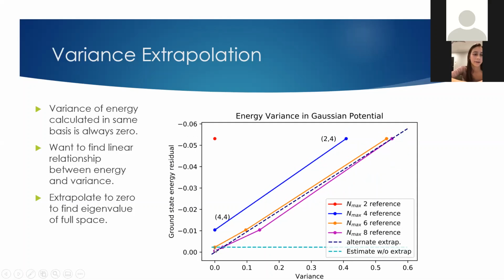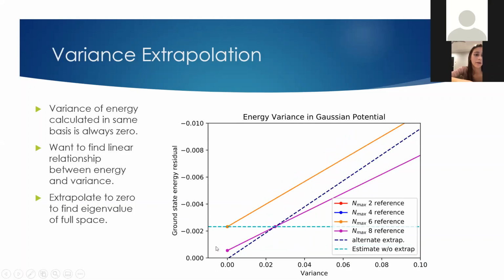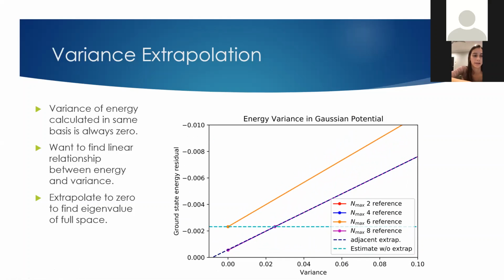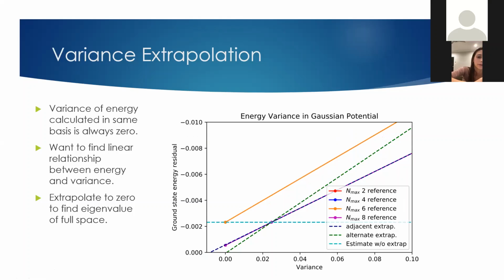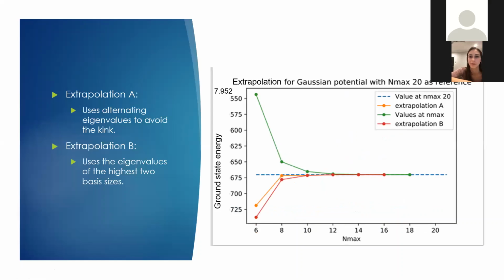It's still a lot better than not extrapolating at all. But as you can see, compared to the adjacent extrapolation, it's not as good, which is the reason why we use the Gaussian potential. So you can see which method is better in the long run before we put this technique into the full nuclear problem.